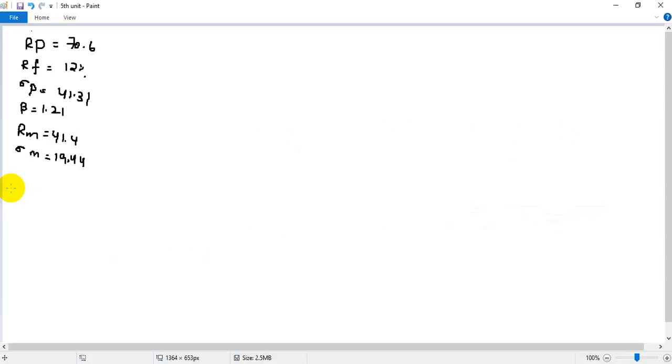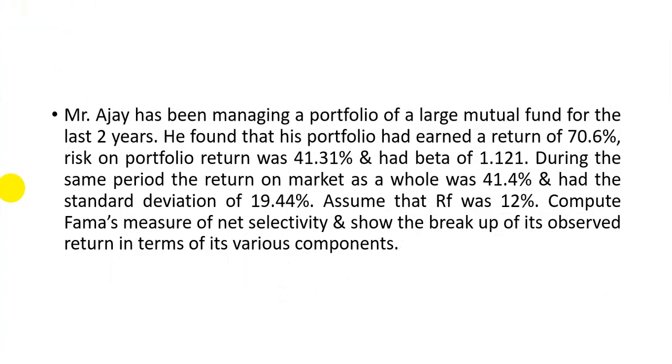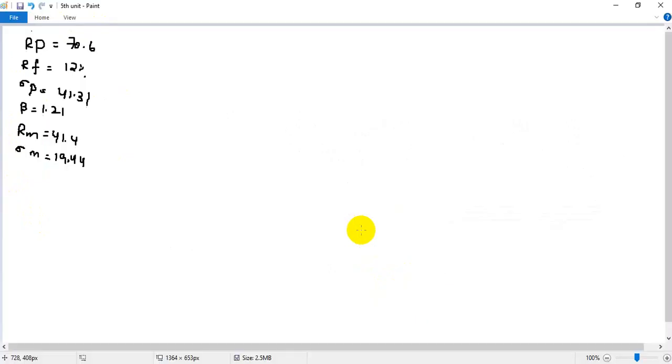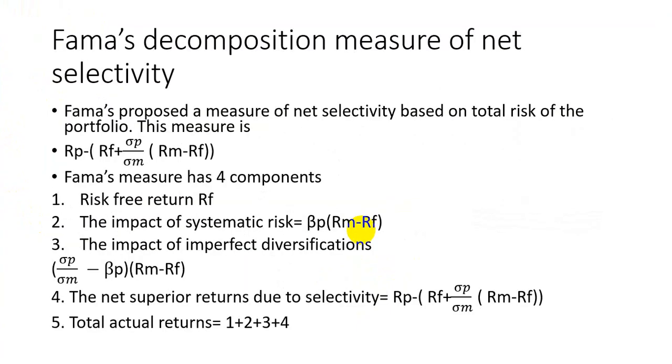Now he's asking us to calculate the Fama's net selectivity, that is the fourth step. And also he's asking us to show the breakup of its observed return in terms of its various components. So you need to show all the four components that I have given you in the formula. First of all, we will calculate the formula as such.